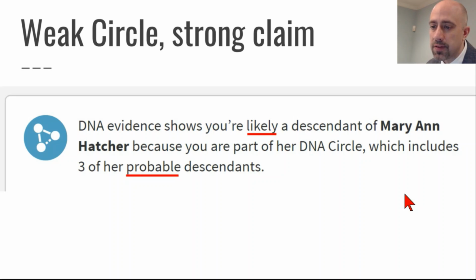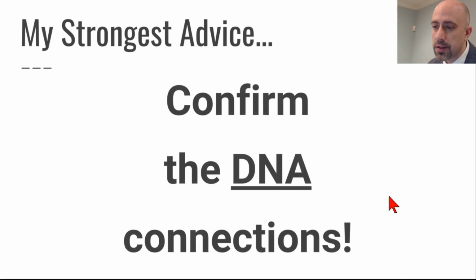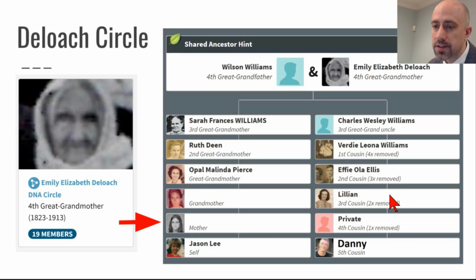It says DNA evidence shows you're likely a descendant of Mary Ann Hatcher because you are a part of her DNA circle, which includes 3 of her probable descendants. I'm not sure how Ancestry could possibly know whether these people are probable descendants, but I would not jump to any conclusions on the basis of such a weak circle. So be careful with these very weak circles and confirm the DNA connections if at all possible.